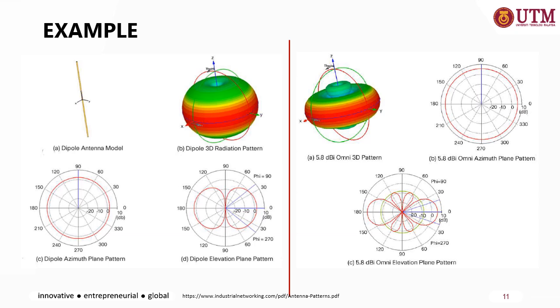Okay, let's look at the example of the radiation pattern for the dipole antenna. So this is the dipole antenna. For the 3D radiation pattern, it looks like a donut shape.